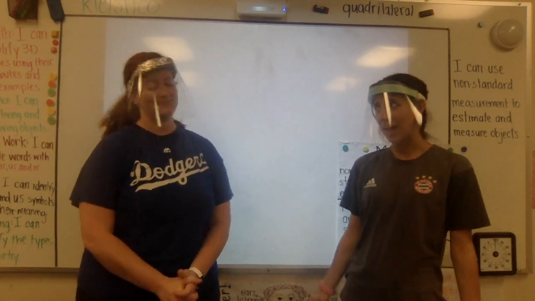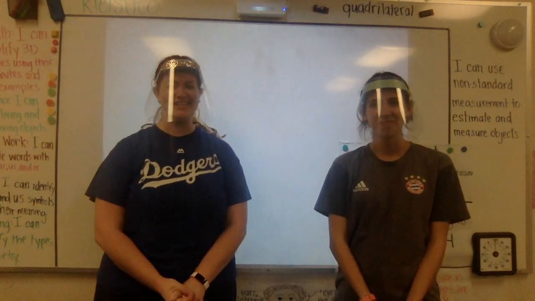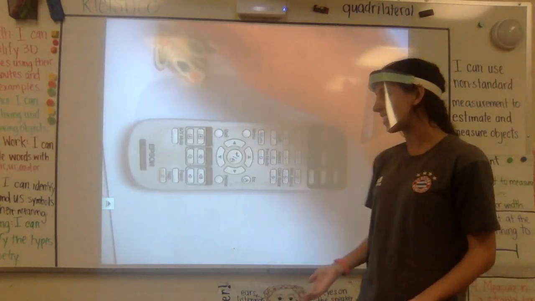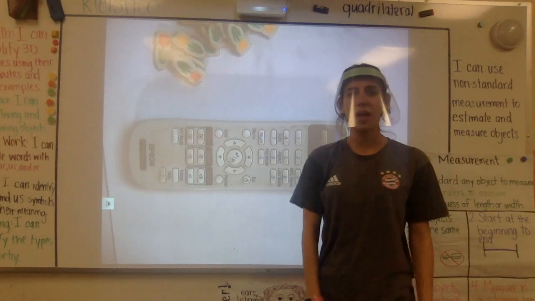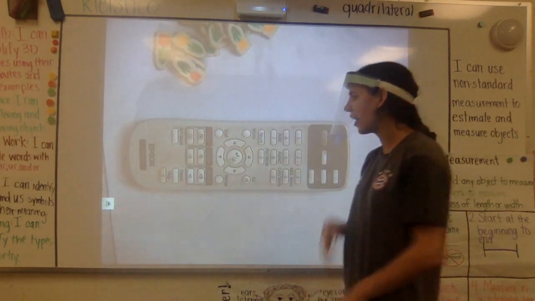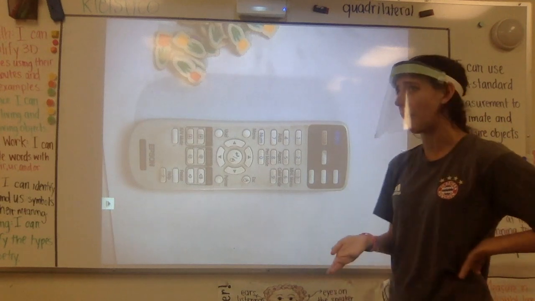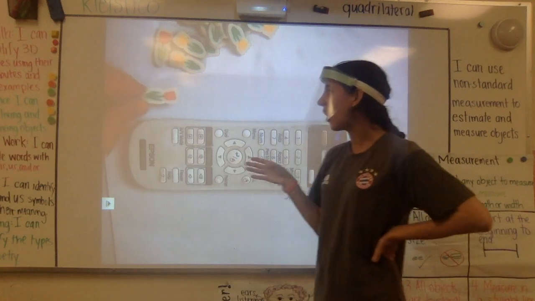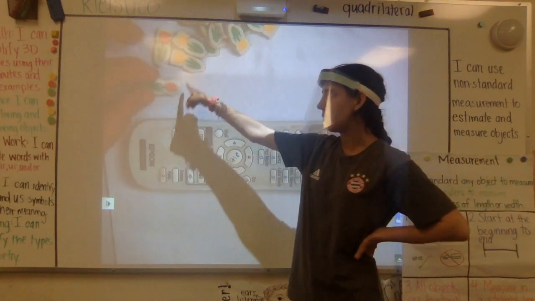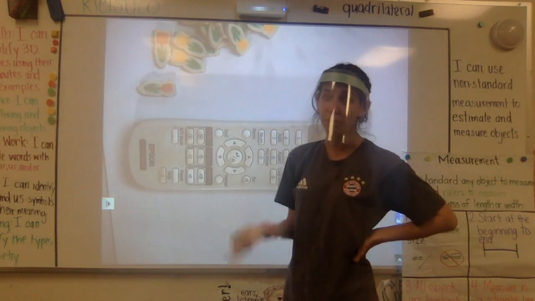Well, should we practice estimating some different lengths? Oh, I think we should. All right, I'm going to estimate the length of this remote using these little erasers. The first step when estimating how long something might be is to line it up to the object and see how long my unit of non-standard measurement is compared to what I'm measuring.